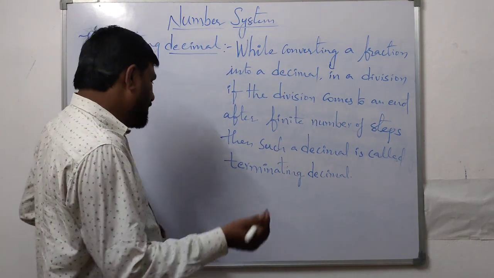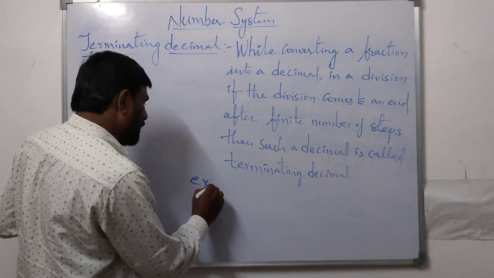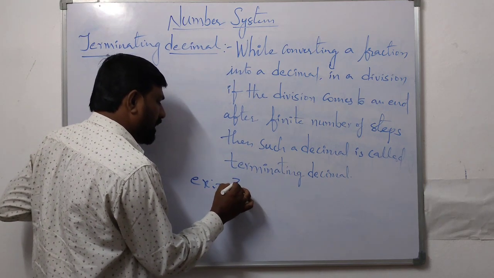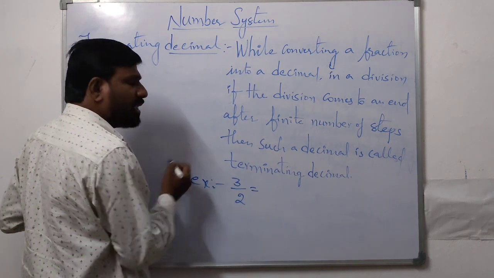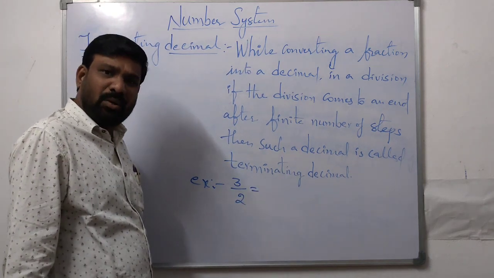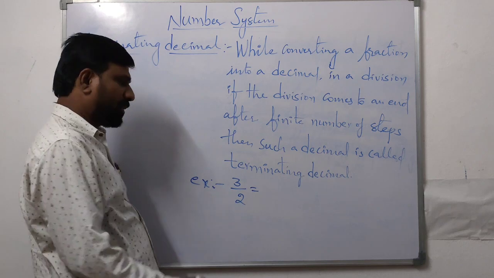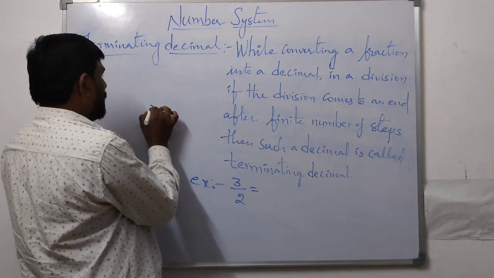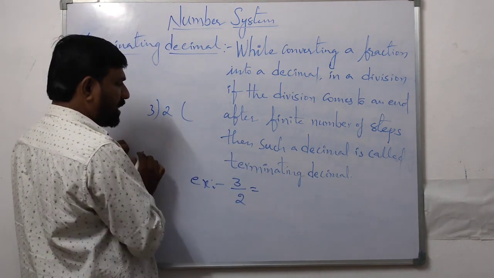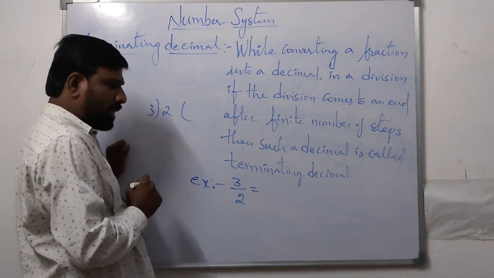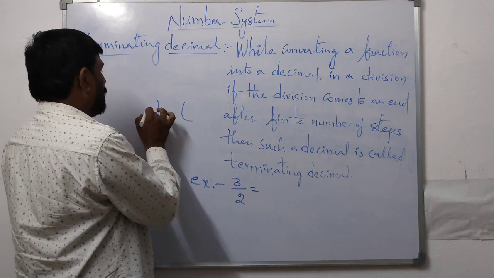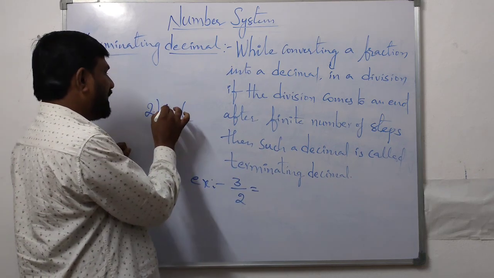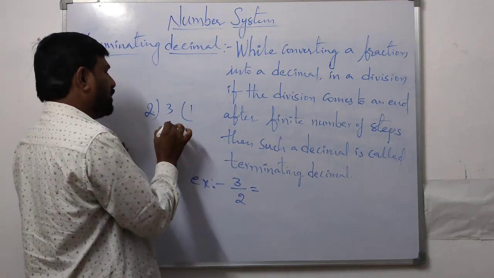Okay. Now let us have a look at an example. Suppose I take a fraction 3 by 2. If you convert this 3 by 2 into a decimal, what will you get? In the division, here 3 and 2, right? 2 will not go. 2 is the divisor, 3 is the dividend. 2 ones are 2.